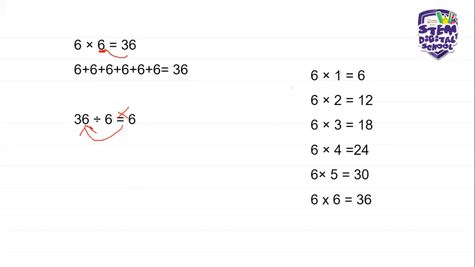These two divided by each other give me this. So if I divide 36 by 6, I'll get 6. If I multiply 6 with 6, I get 36. That's how it works.